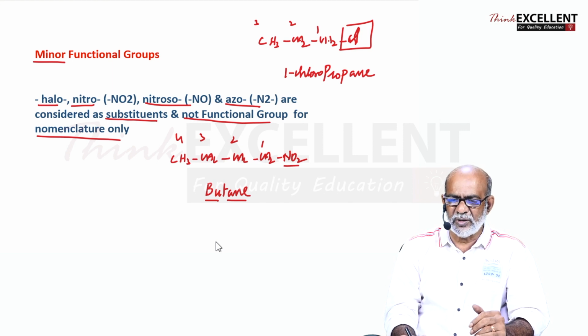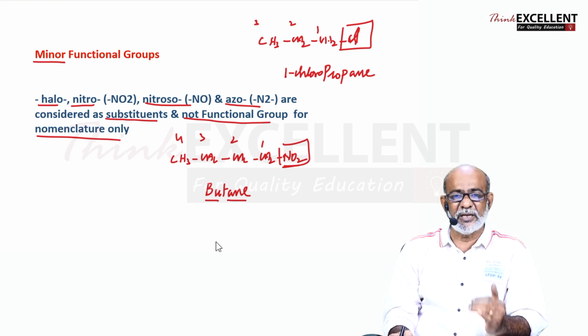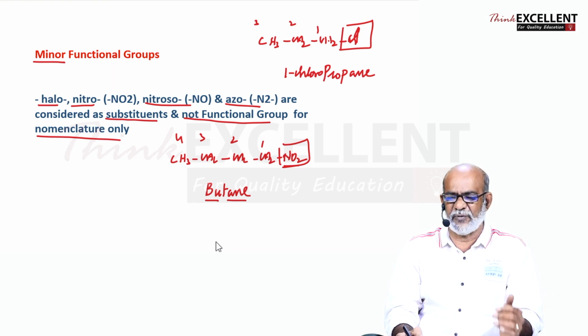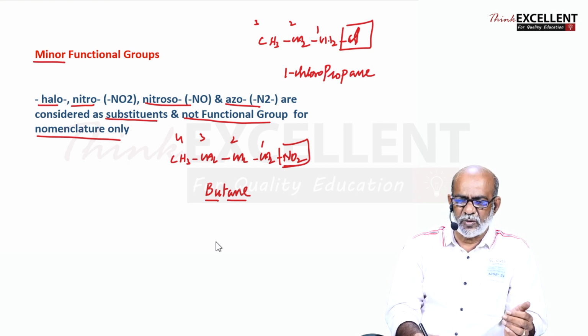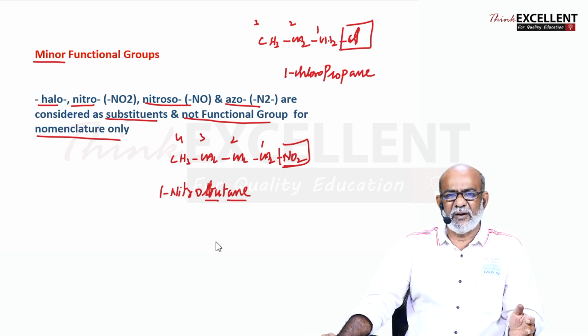But this NO2 is a minor functional group. It is considered a substituent, even though it is a functional group. So it is written as a prefix. This prefix is nitro. First carbon nitro, so 1-nitrobutane. This changes into small letter. So 1-nitrobutane. So these are the minor functional groups.